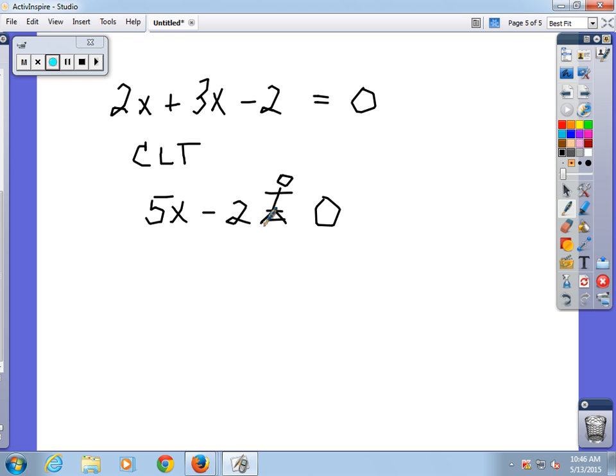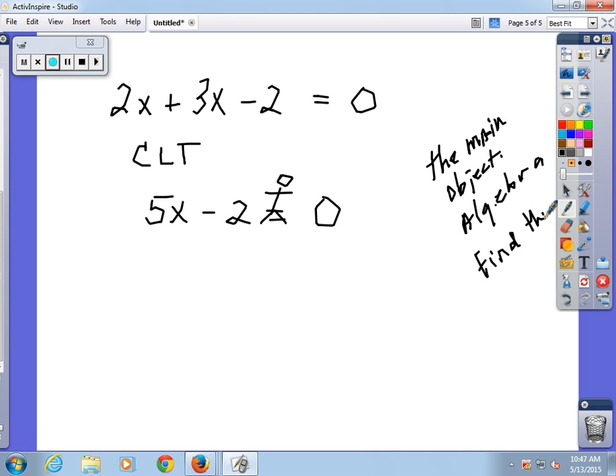Let's go over the main objective of algebra. Of course, I know every one of y'all knows the main objective of algebra because I know your teachers taught you that back in pre-algebra and Algebra 1. That's why you remember it today. Some of y'all are going, I have no idea what we're talking about. That's fine. The main objective of algebra is to find the unknown. I can't spell today.